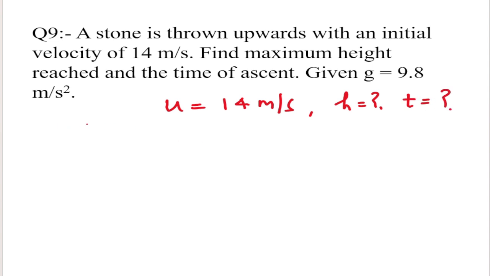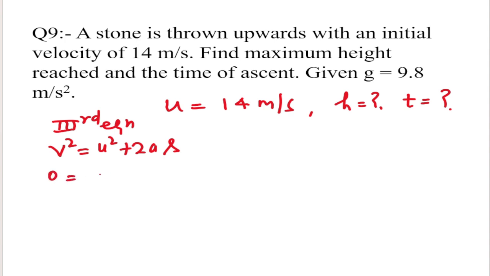Now for the height, we use the third equation, v square equal to u square plus 2as. V is 0, u is 14, and in the upward direction acceleration equal to minus 9.8 meter per second square.